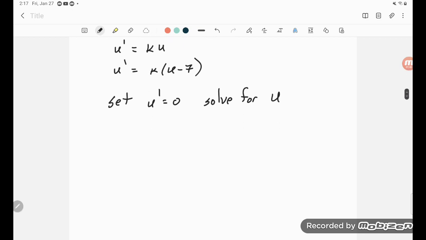And when we do that, for instance, in our first one there, we would have ku is equal to 0, so that implies u equals 0. Well, what that means is if u of t equals 0, it stays there.